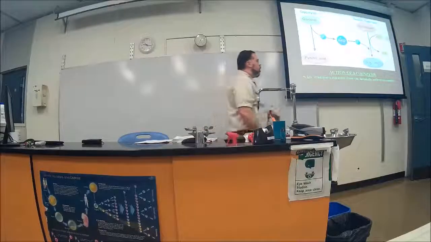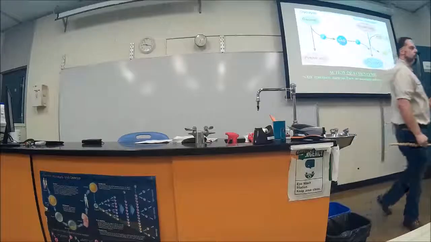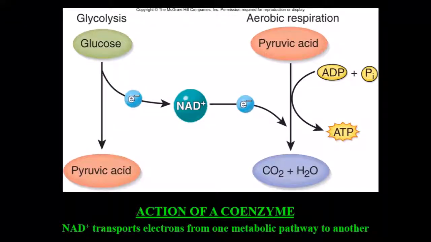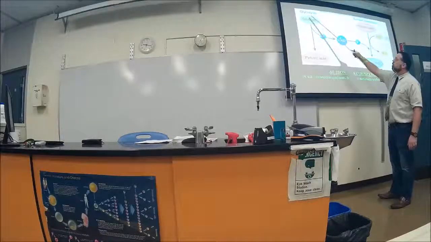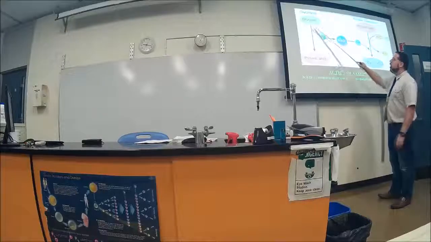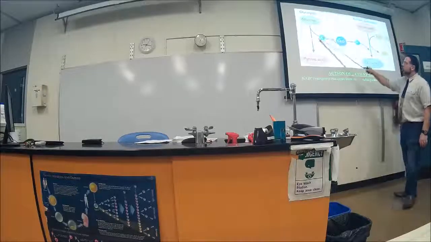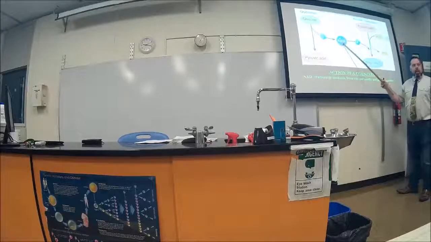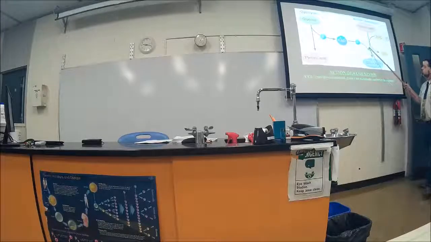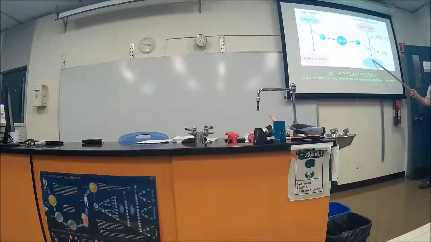So this is just showing the action of a coenzyme. We get from glucose to pyruvic acid through something called glycolysis, which we'll talk about tomorrow. But we're going to be taking an electron over here, and we can put it onto an NAD over here to transfer onto another reaction.